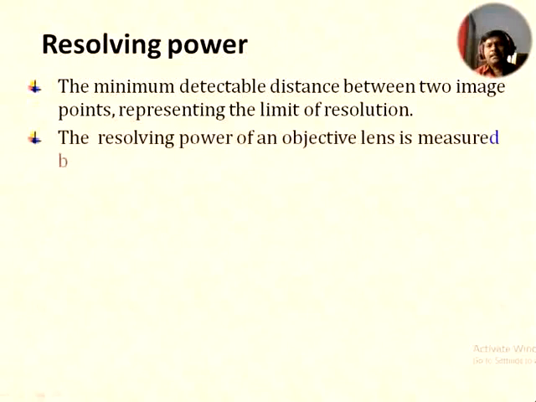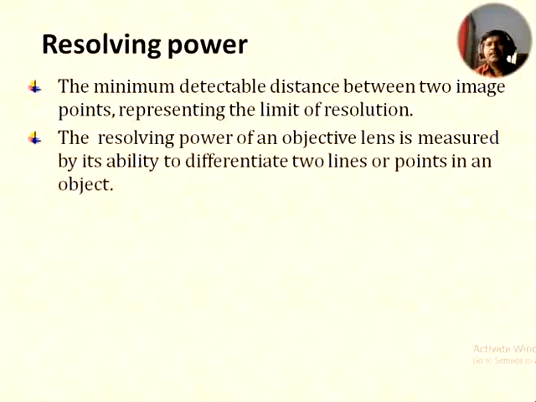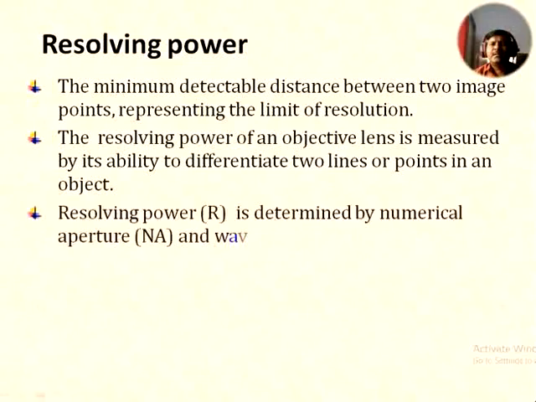The resolving power of an objective lens is measured by its ability to differentiate two lines or points in an object. The resolving power, denoted by R, is determined by numerical aperture.